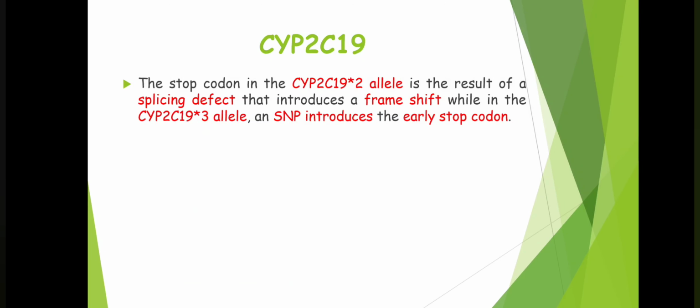The stop codon in the CYP2C19*2 allele is the result of a splicing defect that introduces a frame shift, while the CYP2C19*3 allele has a SNP that introduces an early stop codon.